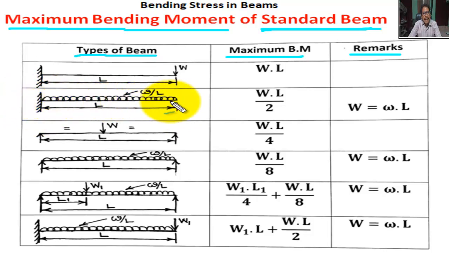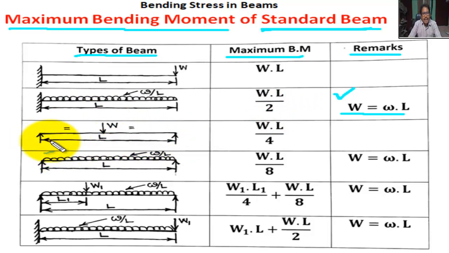This is the UDL, that means weight per unit length of the beam is omega per L. This is the total length L. Now, total weight of the beam W equals omega per unit length, omega into L. Here, maximum bending moment is W into L by 2.